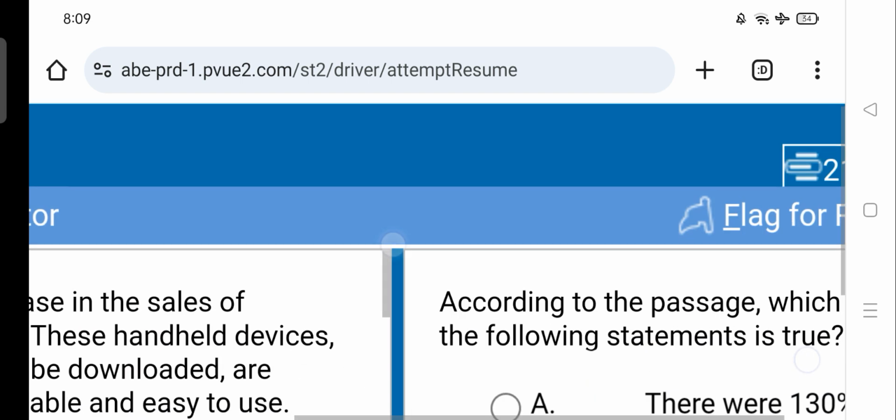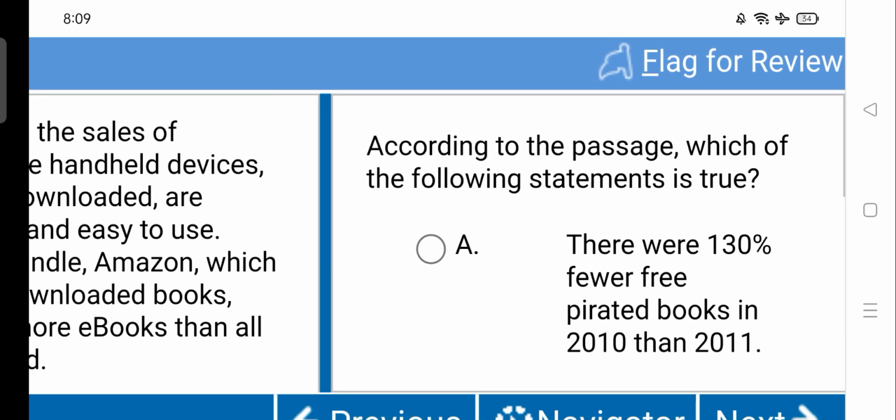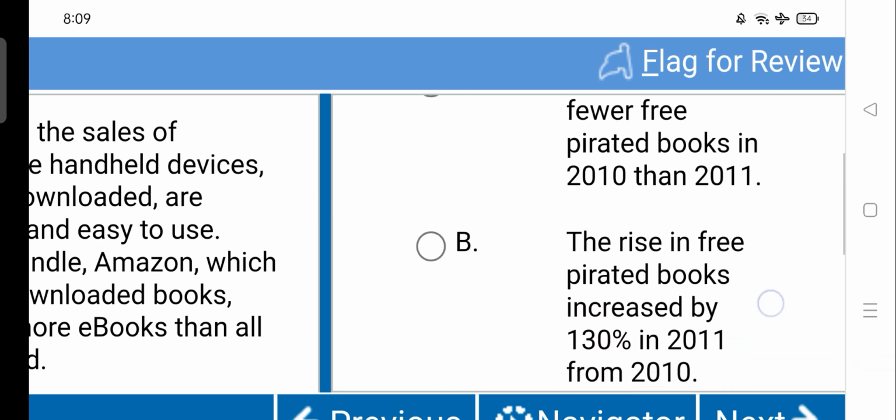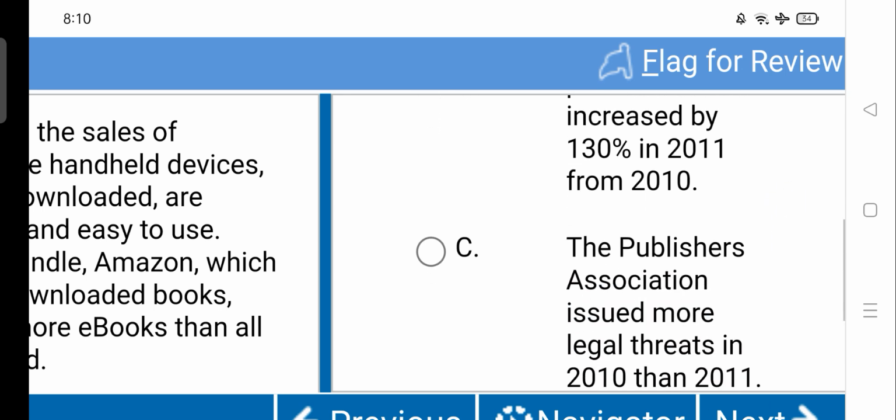Next we have: according to the passage, which of the following statements is true? Option A, there were 130% fewer free pirated books in 2010 than 2011. Option B, the rise in free pirated books increased by 130% in 2011 from 2010.